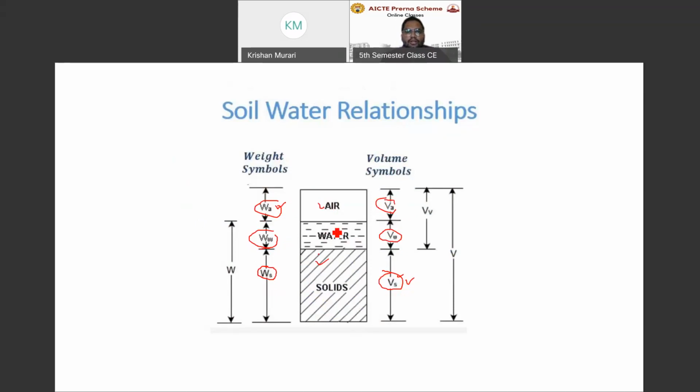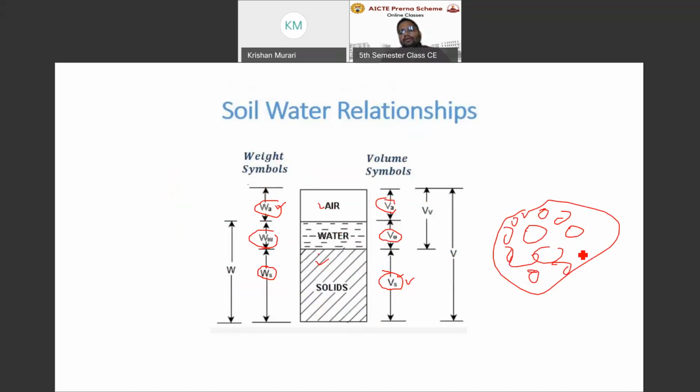We also know that in case of soil, here are some soil particles, and between them some voids are there. All the voids that are filled by air or water are considered voids.